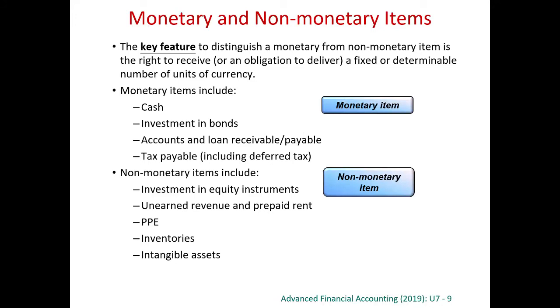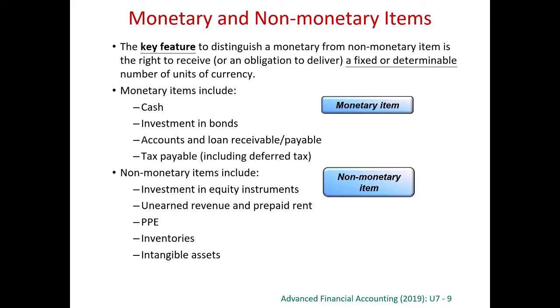Another term that we have to understand is monetary item and non-monetary item. So basically, what is a monetary item? A monetary item is the right or the obligation to deliver a fixed or determinable number of units of currency. The most important thing is that it is a fixed or determinable number of units of currency. If this is the right to receive, this is a monetary asset.